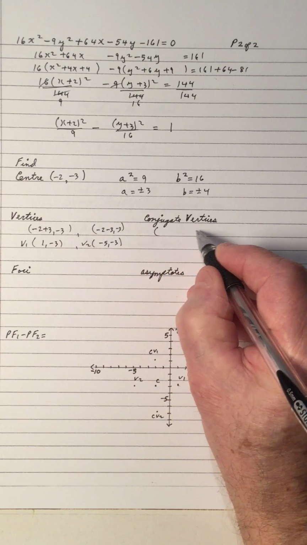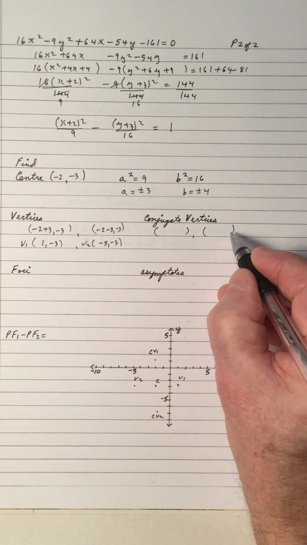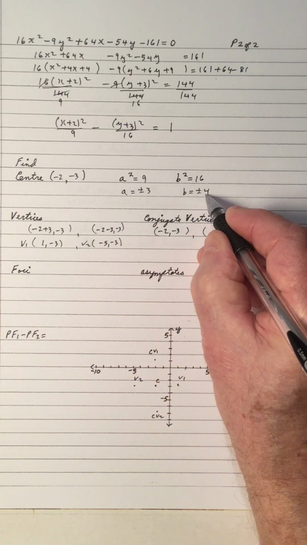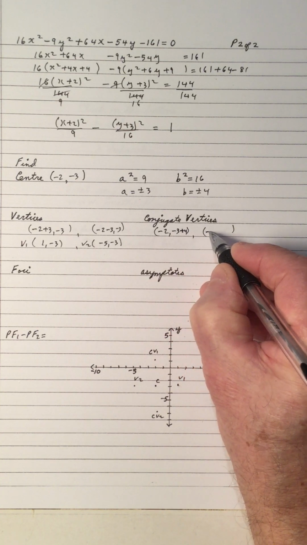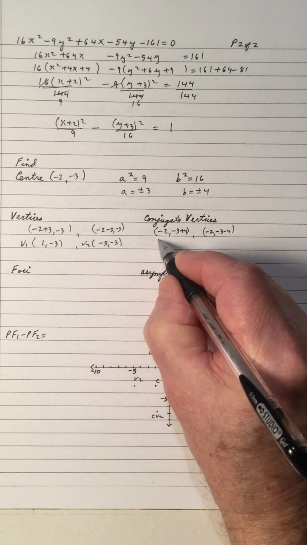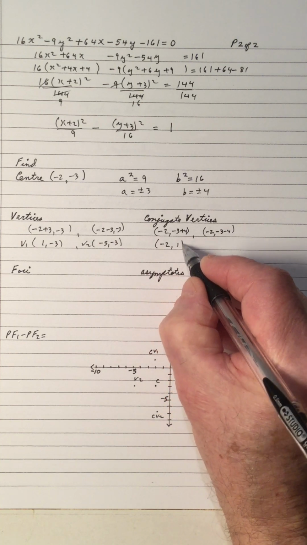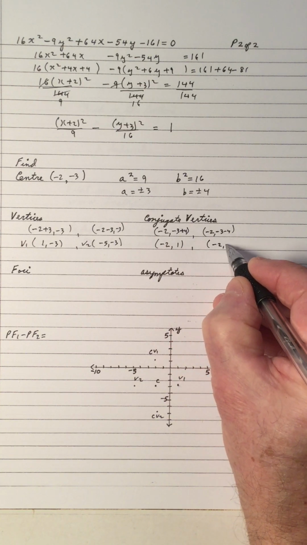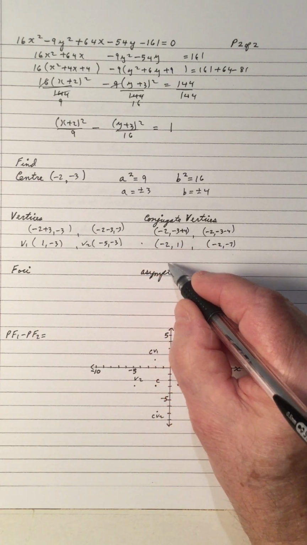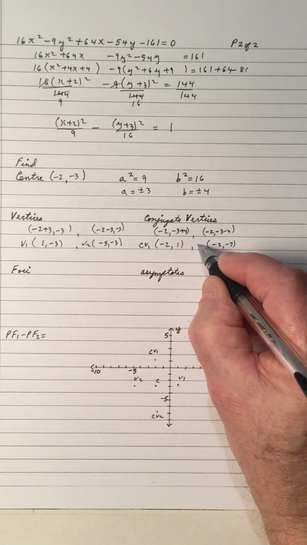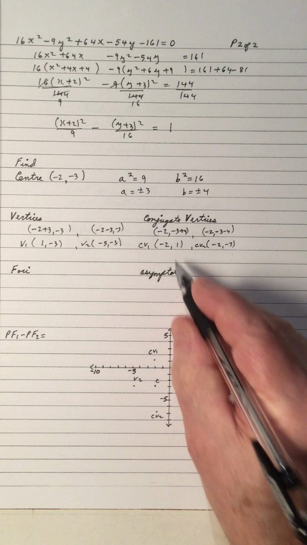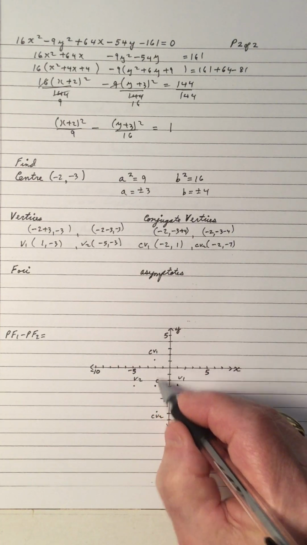We take the x and add 4 to the y, and we take the x and, going down, subtract 4 from the y. This gives us negative 2, 1, and negative 2, negative 7. So this is CV1, this is CV2. We went up 4 and down 4 to pick these up. It's easier to see when you do it in the graph.